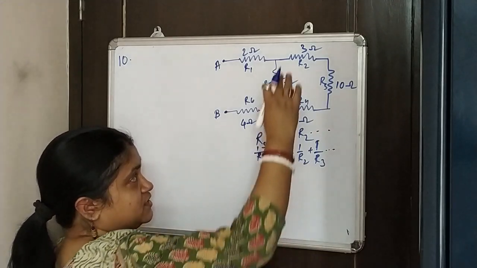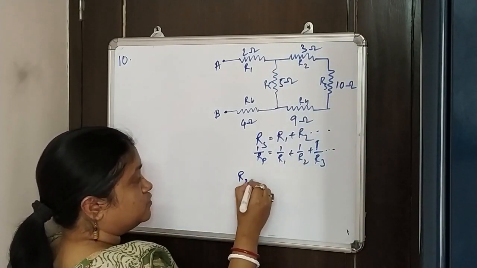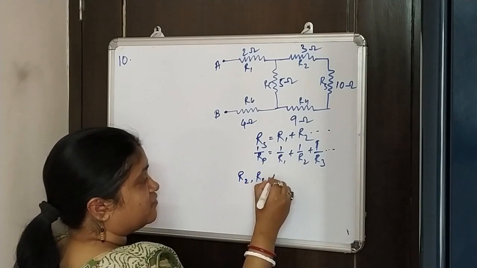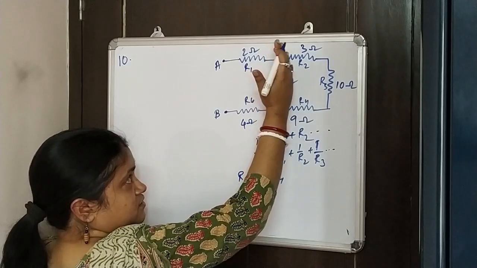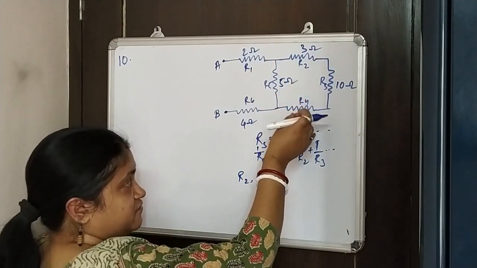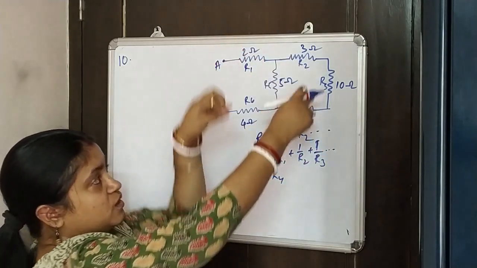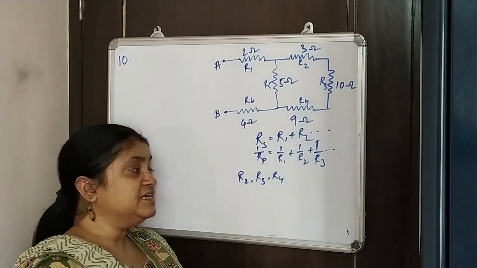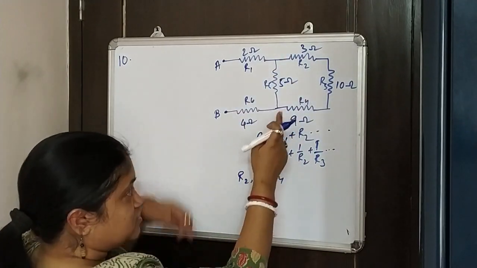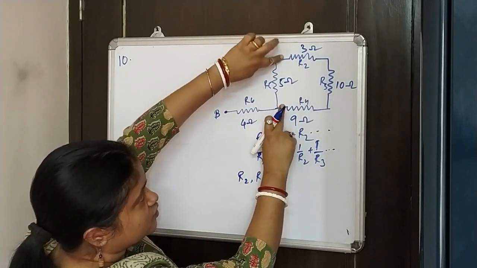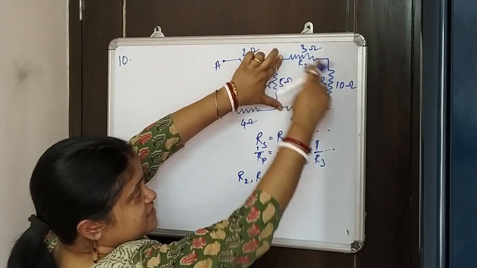So if you see this part of the circuit, R2, R3 and R4, if you just cut this here, this part of the circuit, if you just take this 2 point and you straighten it, then they all three are connected in series. Since they are all connected in series, you just take the 2 point here, then you will understand that they all are connecting in series.